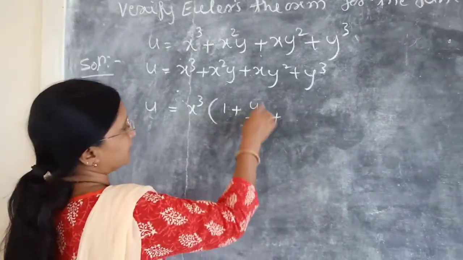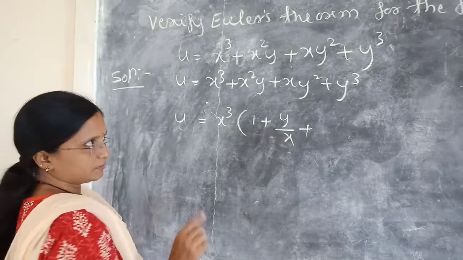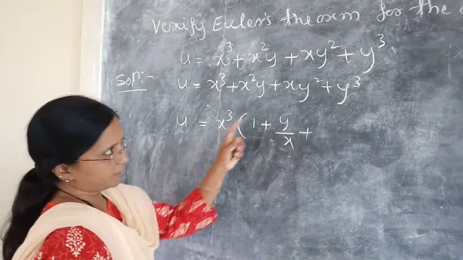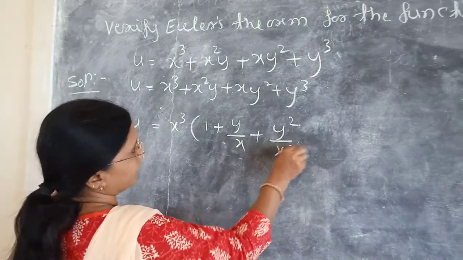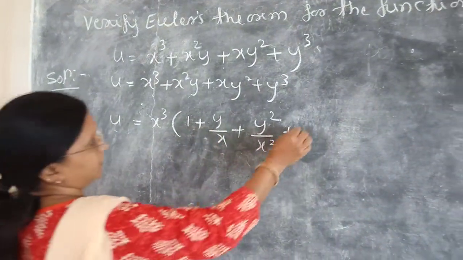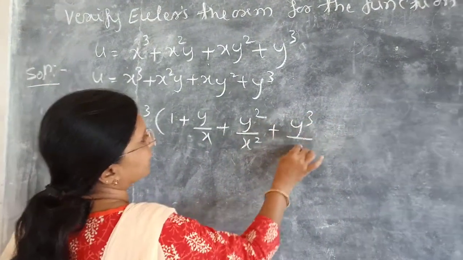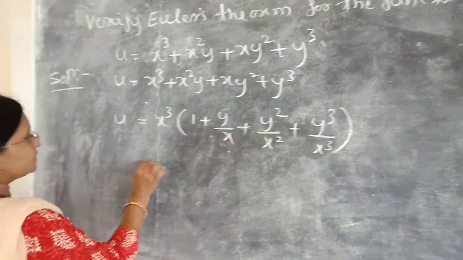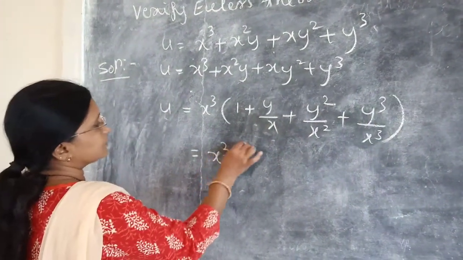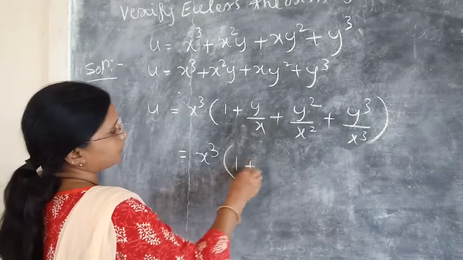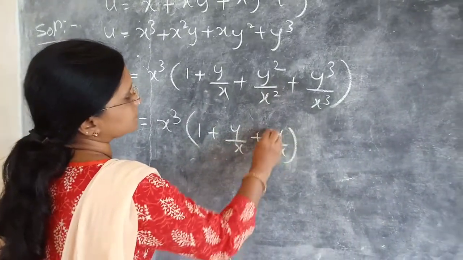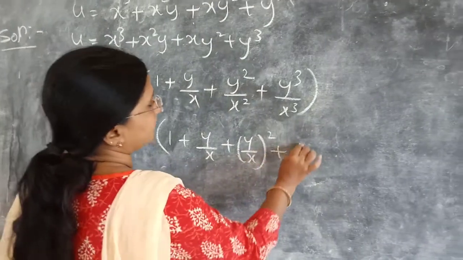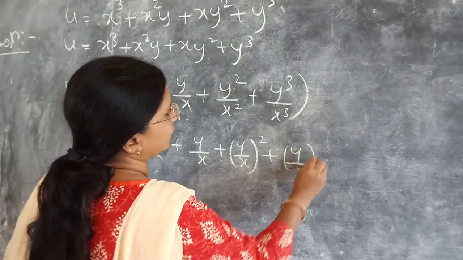Then x y square divided by x cube is y square by x square, and the last term is y cube by x cube. Or it can also be written as x cube into 1 plus y by x plus (y by x) whole square plus (y by x) whole cube.